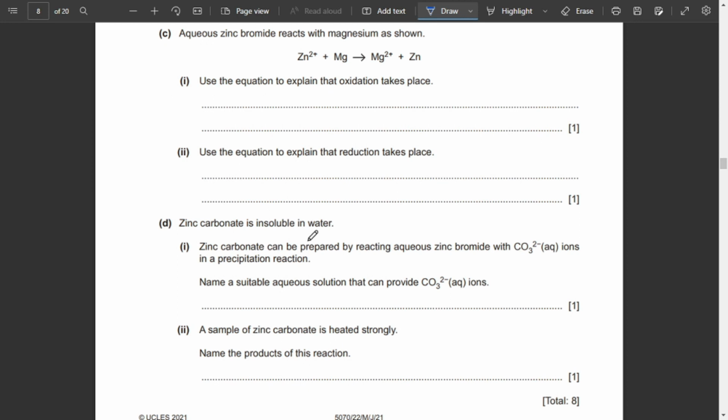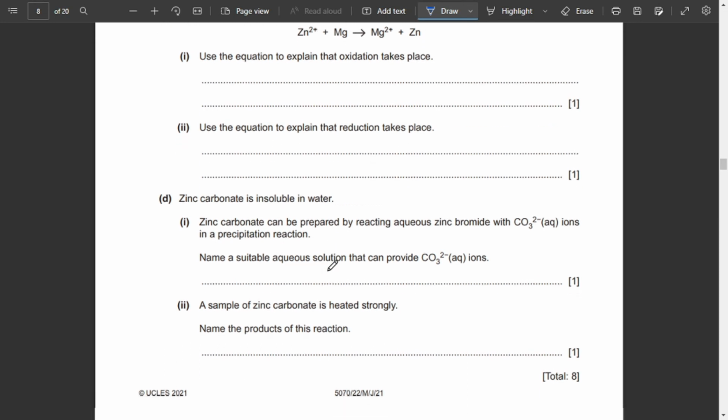Zinc carbonate can be prepared by reacting aqueous zinc bromide with CO3 2- aqueous ions in a precipitation reaction. Name a suitable aqueous solution that can provide CO3 2- aqueous ions. We can write over here sodium carbonate can be a suitable aqueous solution. You can write many others, like for example potassium carbonate, but over here I just mentioned sodium carbonate.